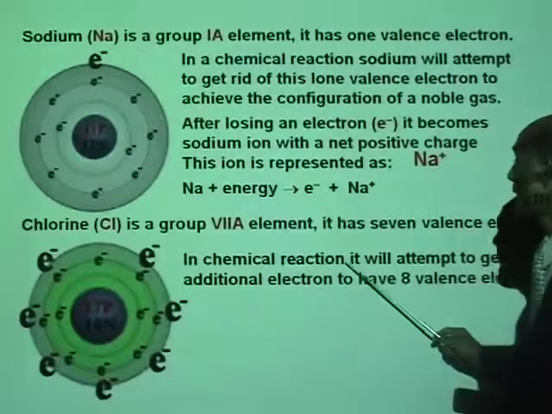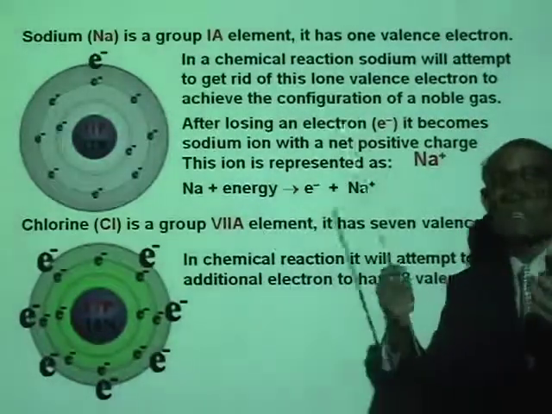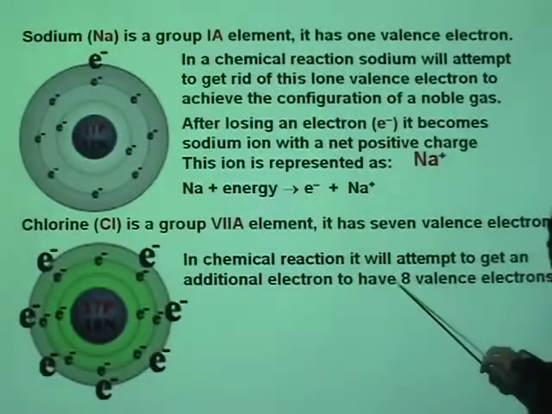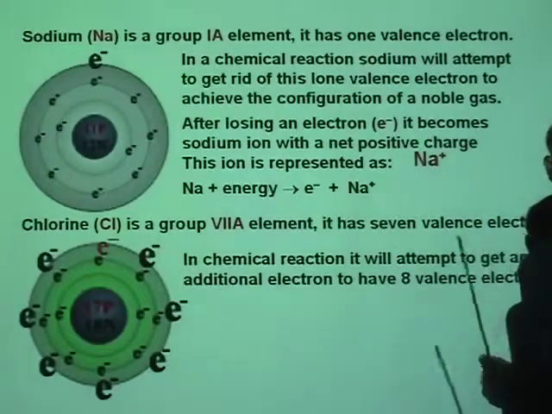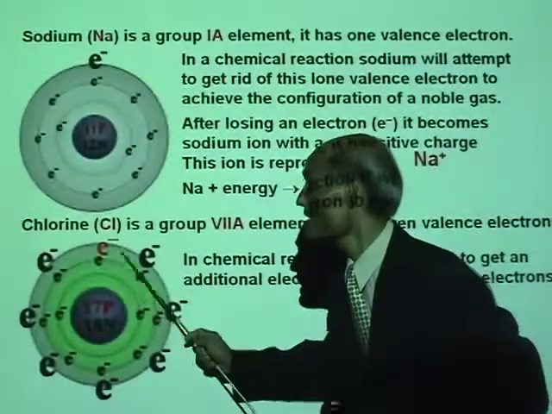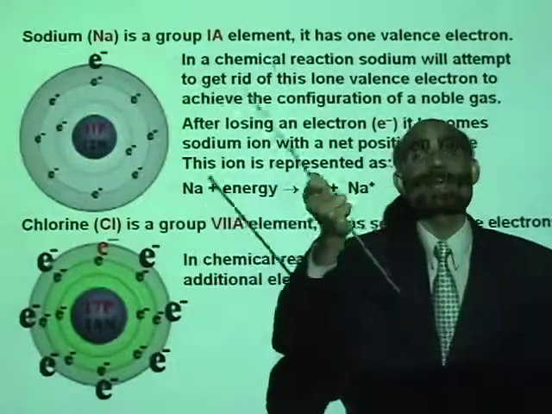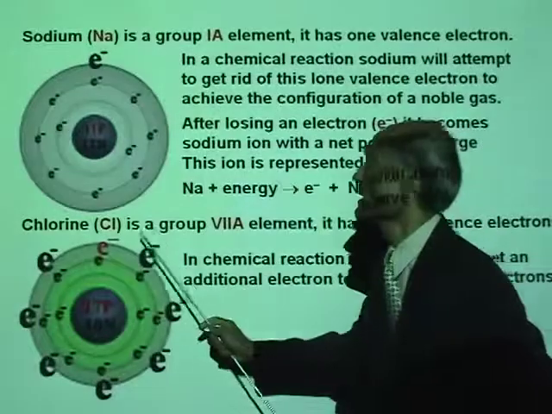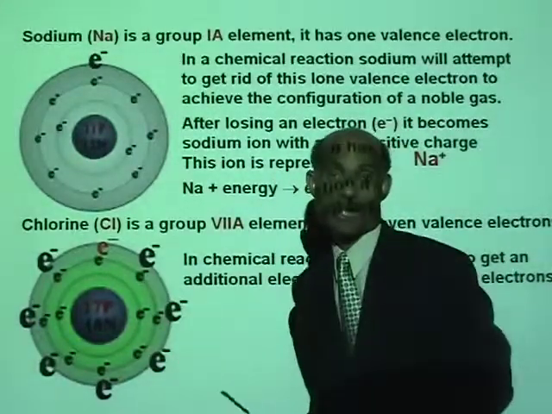In a chemical reaction, chlorine will attempt to get an additional electron so that it will then have 8 valence electrons. So now I have put in an additional electron there for chlorine. It has managed to get a free electron from somewhere. Now you see there are 8 electrons in the outer shell.